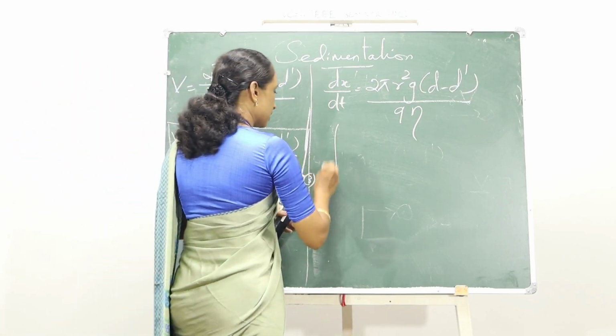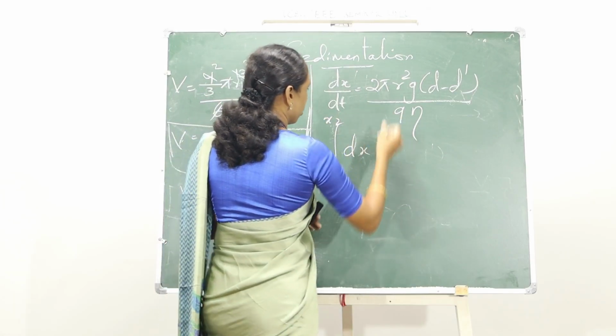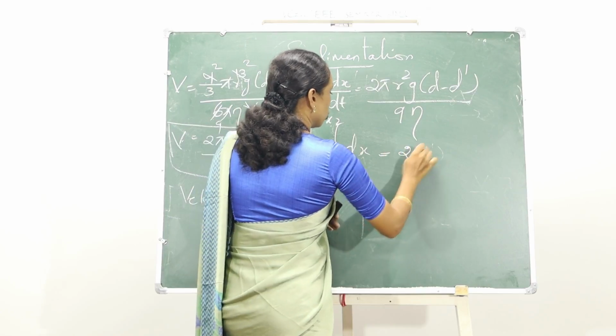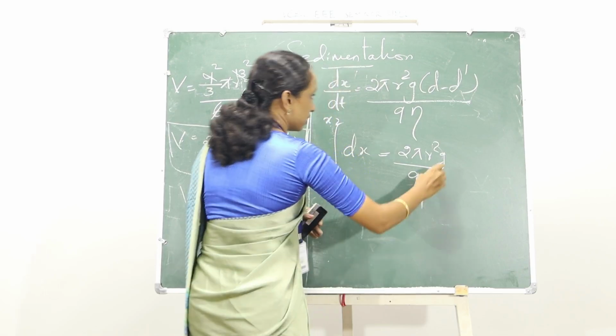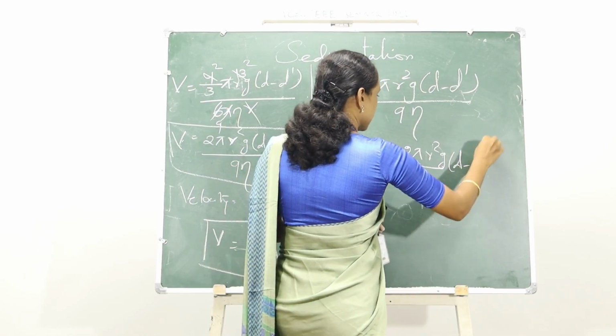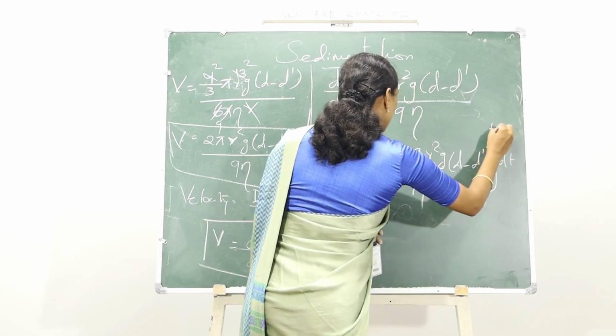So on integrating this equation, dx from x1 to x2 is equal to, dt will go that side, 2 pi r square g by 9 eta into (d minus d dash), which is constant. So integrate dt from t1 to t2.